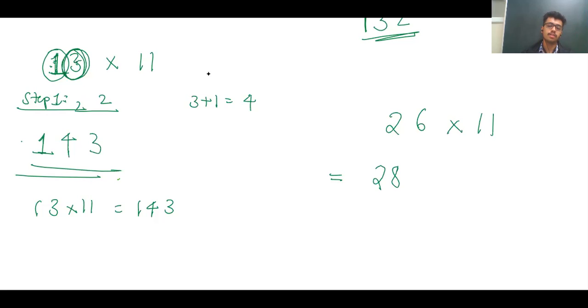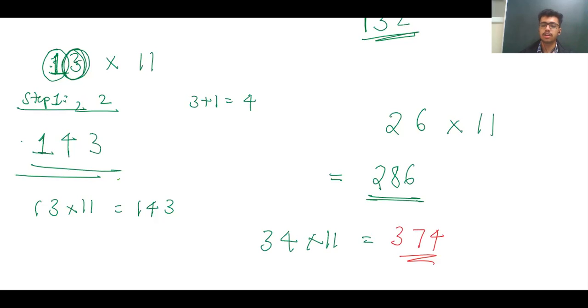So 286. It is 286. Similarly, 34 into 11. 374. Yes, 374. This is the method now.